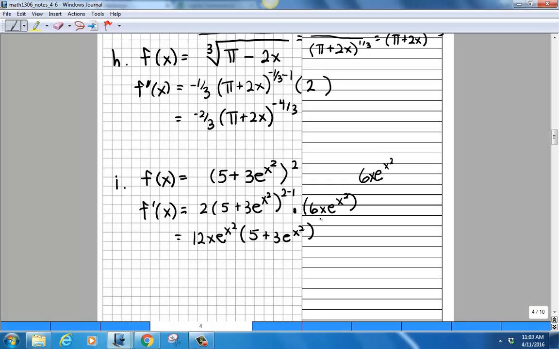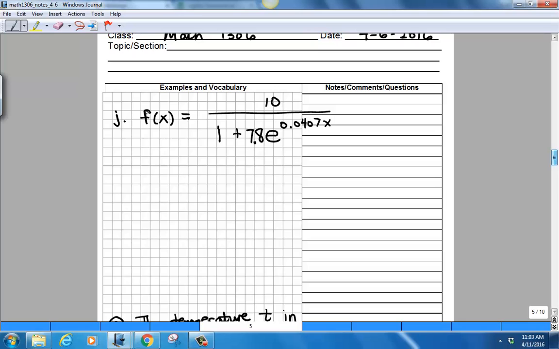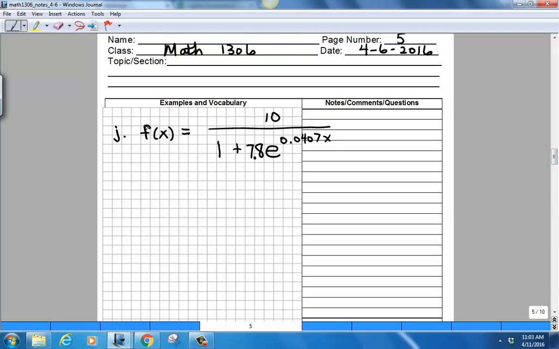Great. All right, let's do one more example. I'll do this one for you. This one also looks like a problem that we have already done, because notice that denominator we saw before, the expression 1 plus 7.8e to the 0.0407x.